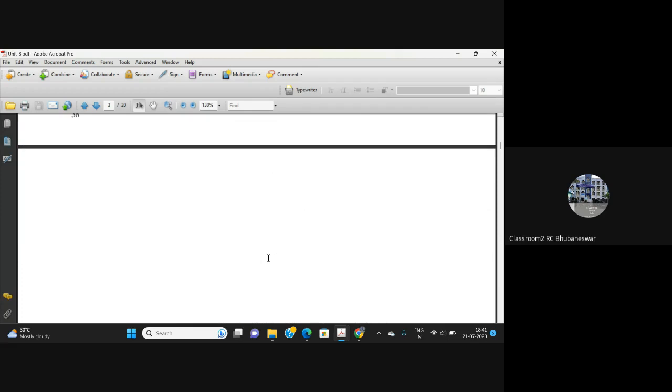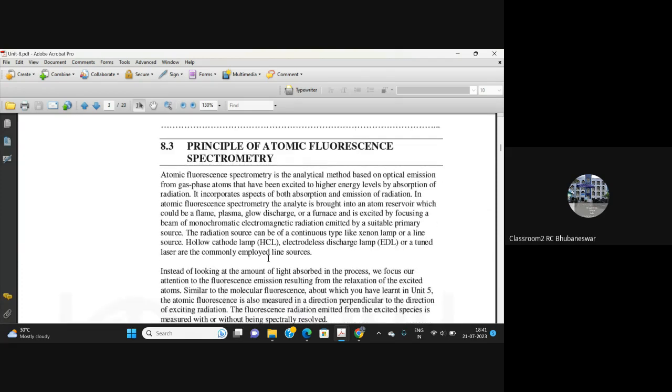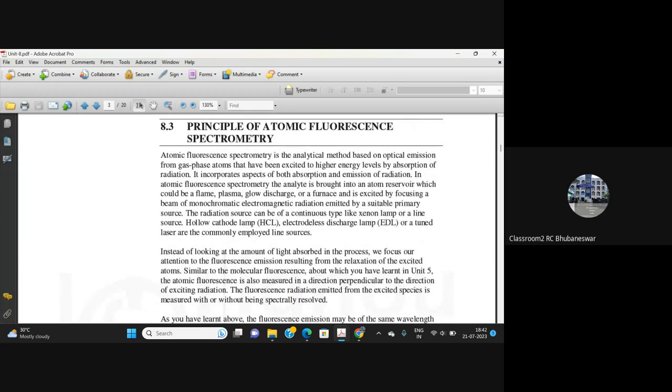But the concept is the same: it goes to the excited state and comes back with radiation. While studying NMR and such, this radiation emission part is not there. We'll see that in that section.